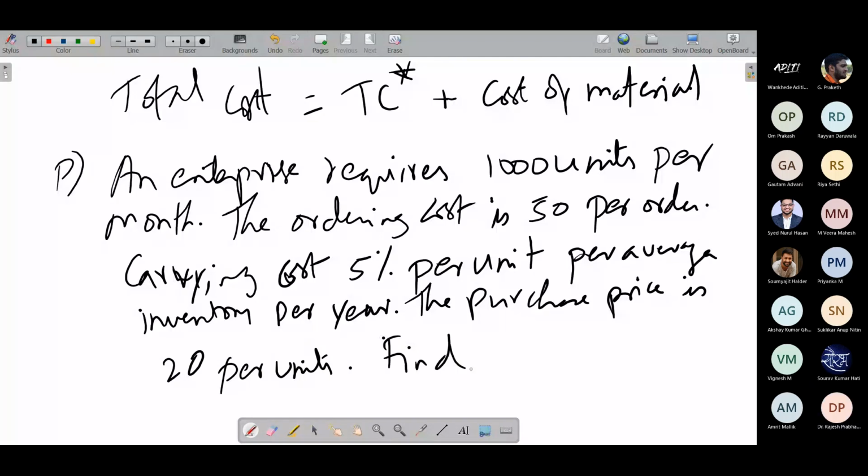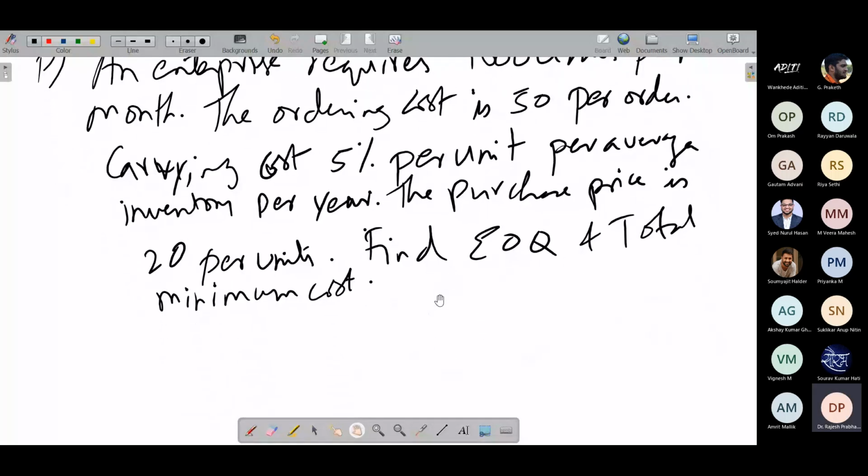Find the economic order quantity and total minimum cost.